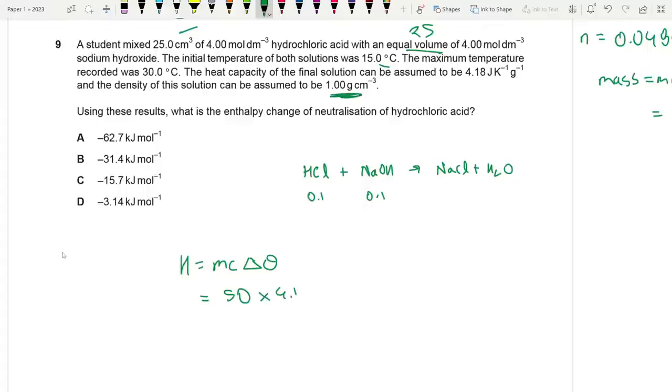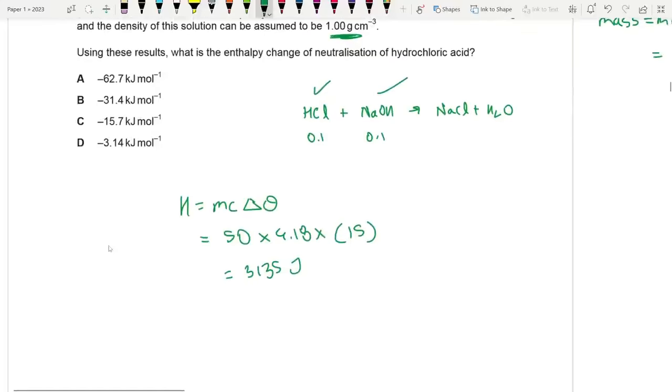The specific heat capacity is 4.18, and the change in temperature is actually from 15 to 30, which is 15 degrees Celsius, 30 minus 15. So it's 15 times 50 times 4.18. This is the total heat energy release, 3135 joules. Now, to find out the enthalpy change, you need to divide by the number of moles of the limiting reagent. However, both of them have the same number of moles. No one is limiting.